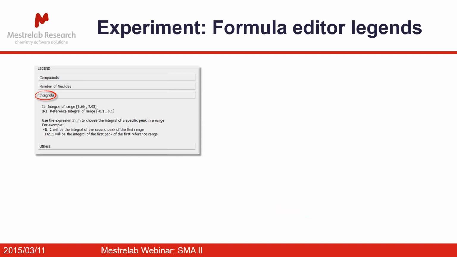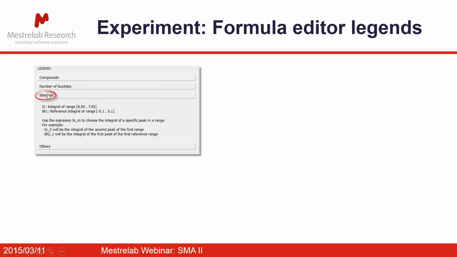Okay, so let's look at these. Let's look at the formula editor, and I mentioned that there's a whole bunch of things that you can use within the formula, and these are the I1s and NN1s and so on and so forth. And this may seem daunting at first, but they're always listed in this legend section of the formula editor.